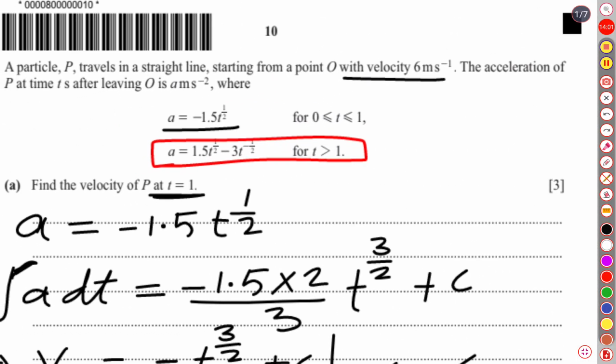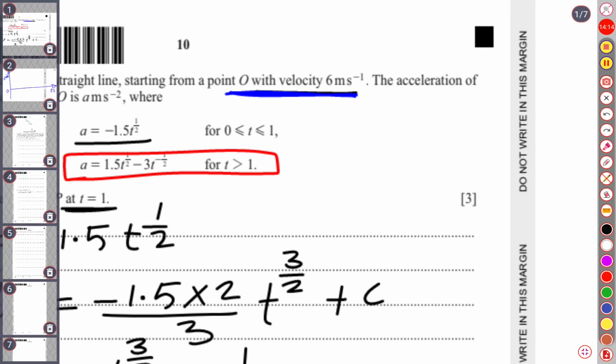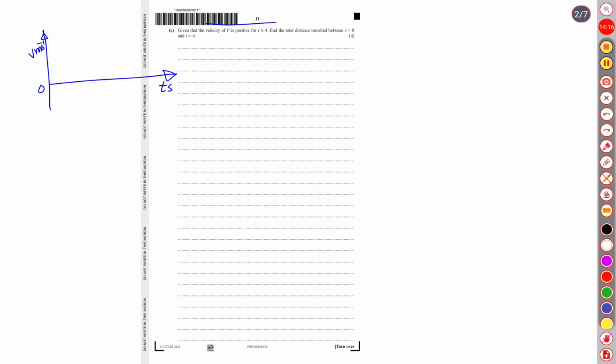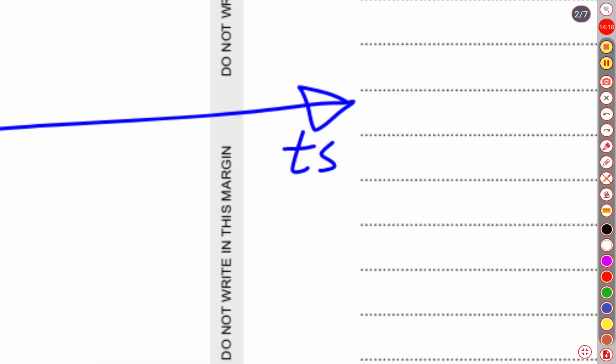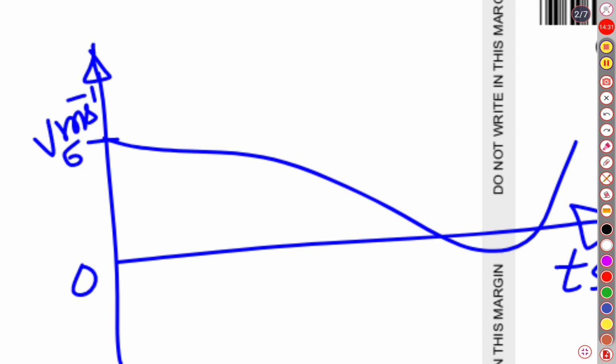When t is 0, the velocity was 6. So the graph will look like this way.